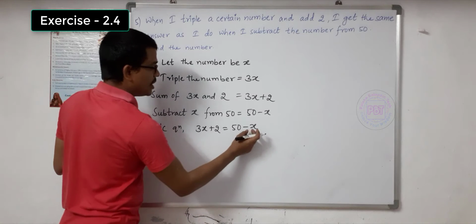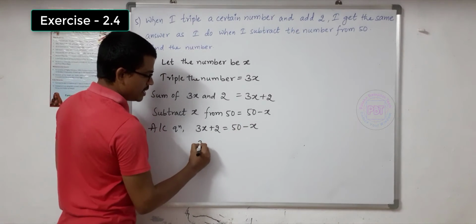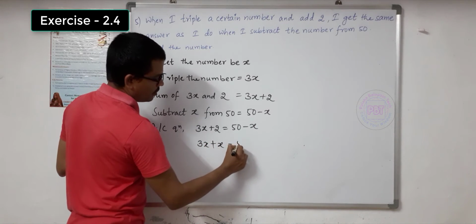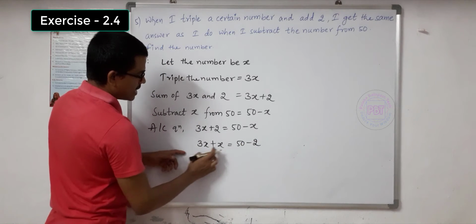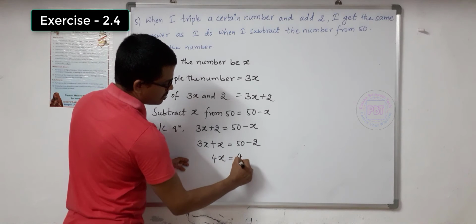Okay. Now I am going to transpose minus x to the left hand side, plus 2 to the right hand side. Then 3x plus x equal to 50 minus 2. Here 3x plus x is 4x equal to 50 minus 2, 48.